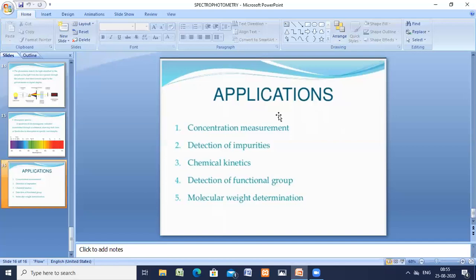Okay. So the applications are chromium in potassium dichromate, manganese in manganese sulfate, and the third application in concentration measurements is determination of iron. You can even check the purity of steel.